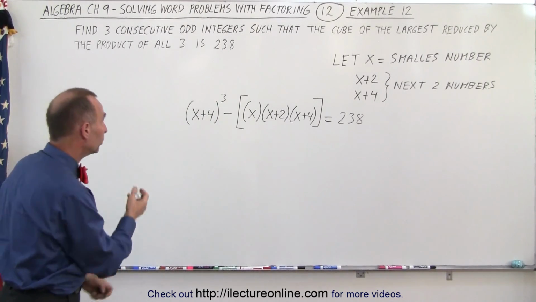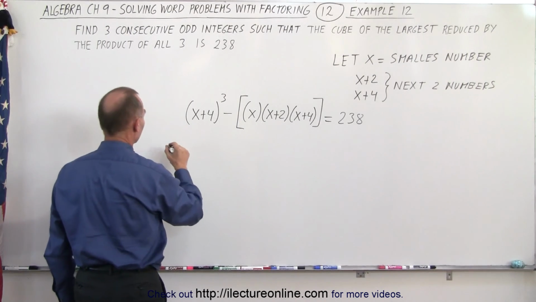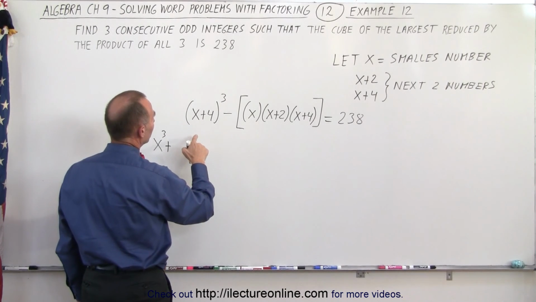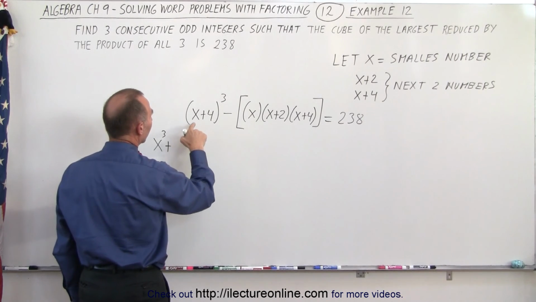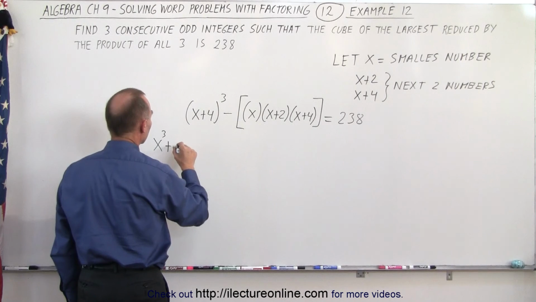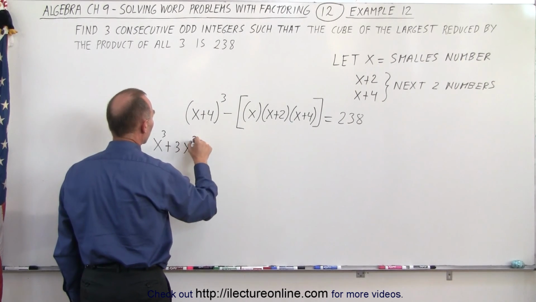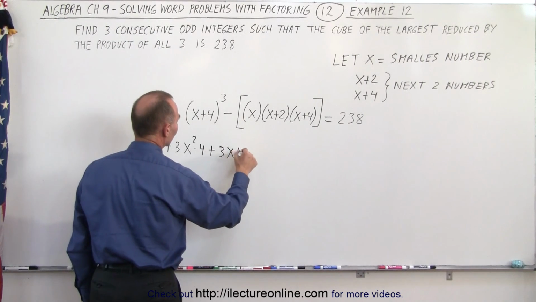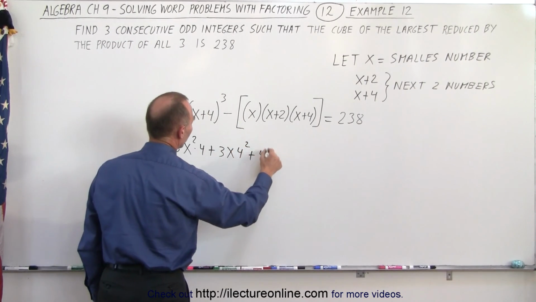Well, let's go ahead and cube that. Cubing a number, we get x cubed plus 3 times x squared times 4 plus 3 times x times 4 squared plus 4 cubed.